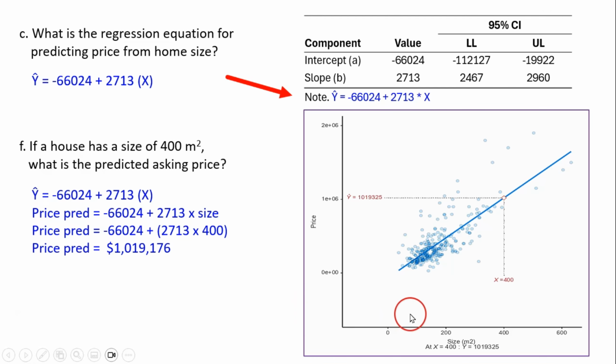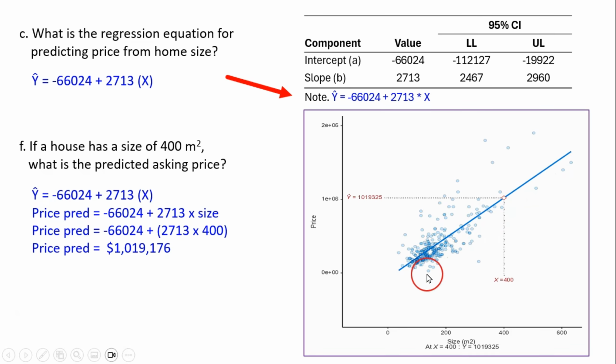So there's the same scatter plot that we had before, and ESCI will give you this information that you see in red. So there's our x of 400 down here on the x-axis. And what we do is, when you plug in an x value, any x value, into the equation, the answer that you get is going to be on this line here.